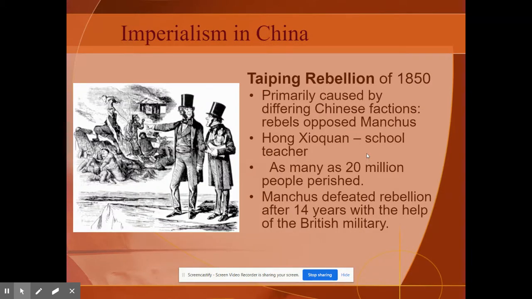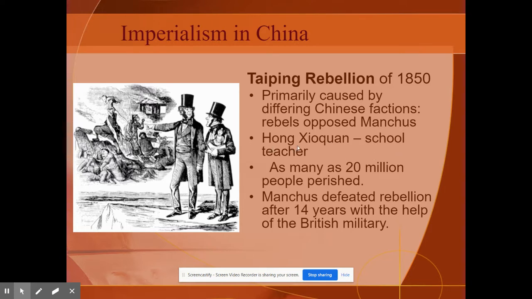And then to weaken it further, in 1850, there's a thing called the Taiping Rebellion. Native Chinese had been indoctrinated with Western religious ideas, and then supplied with weapons. They led a rebellion.